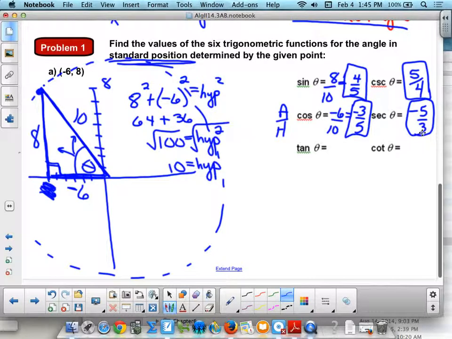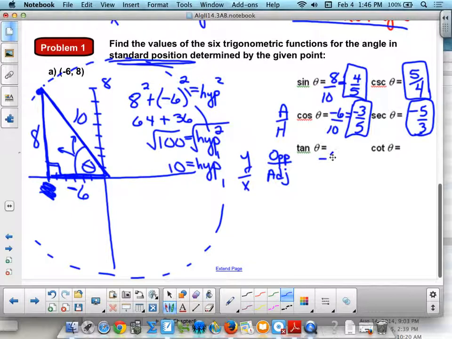Okay? Tangent is what over what? Give me words. Opposite over adjacent. But if you wanted to give me letters, you'd probably say y over x. Here's the y value, 8, over the x value, negative 6.